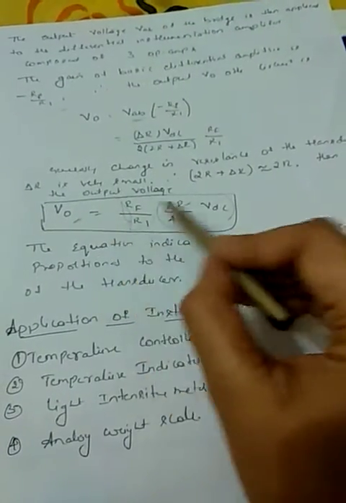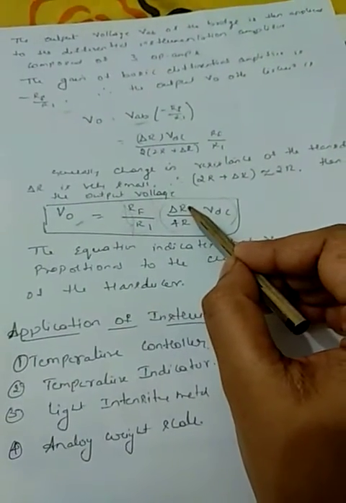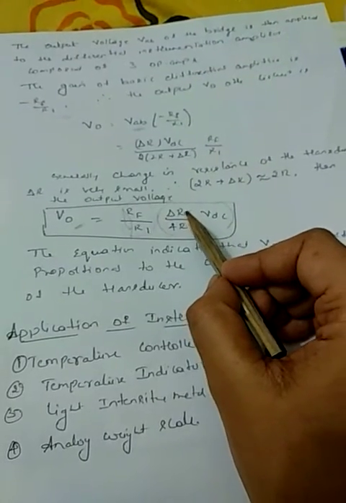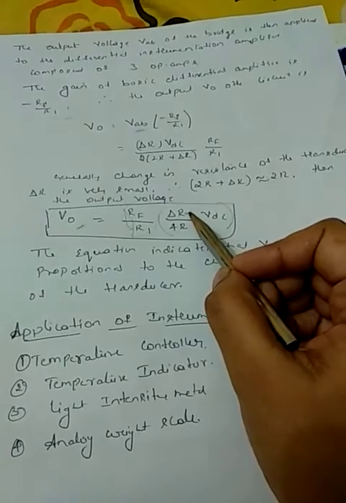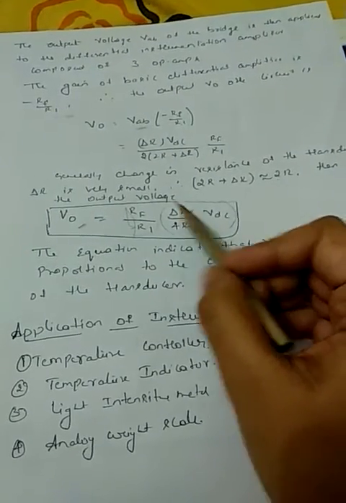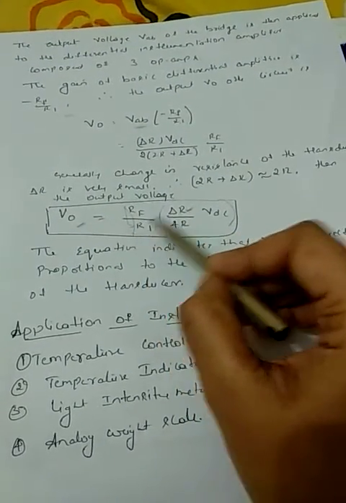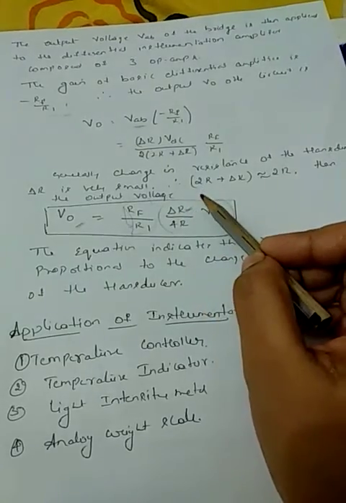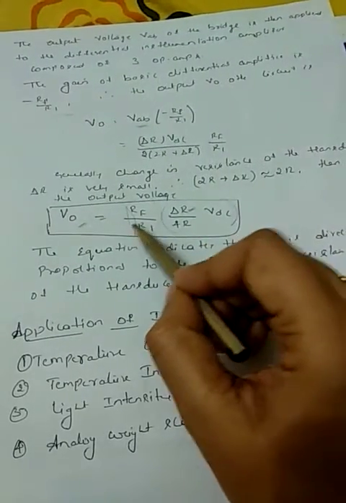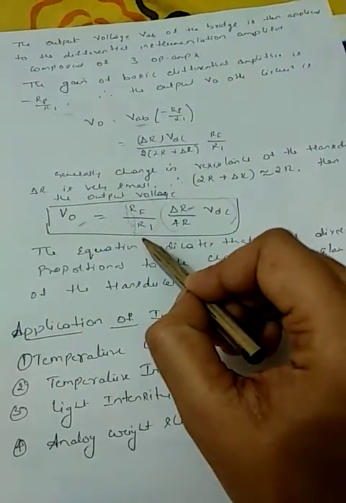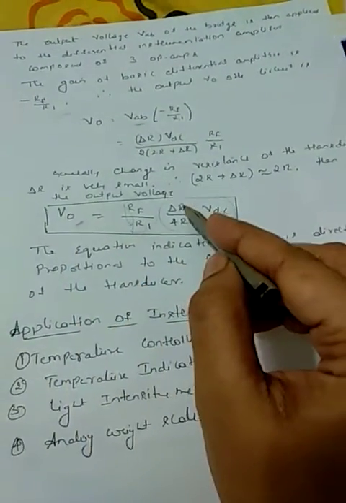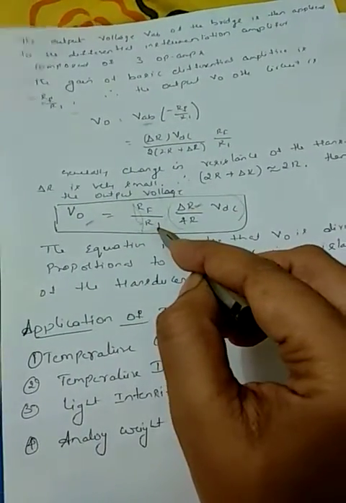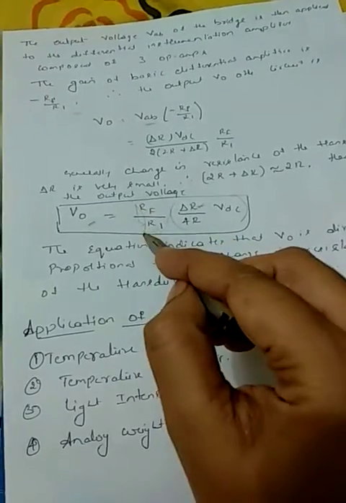If there is a small change in RT, V0 will also change this many times. If delta R has changed largely, it will also change by RF divided by R1, that is gain, times. That is, this change in resistance is amplified by RF divided by R1 times, which is the gain of the amplifier.